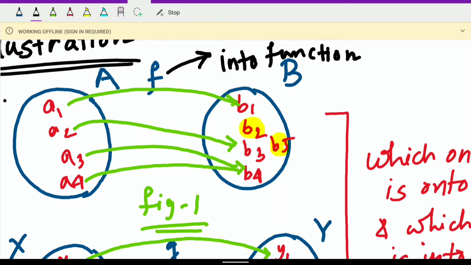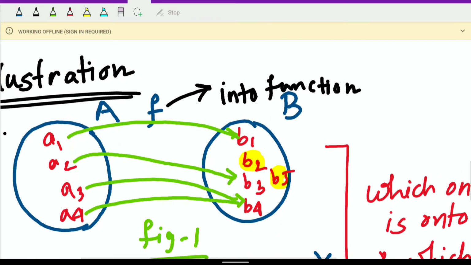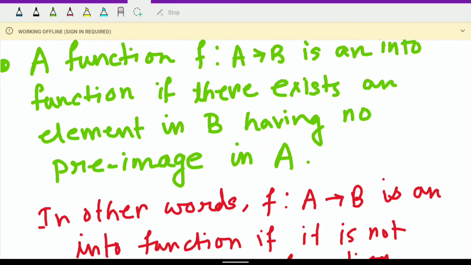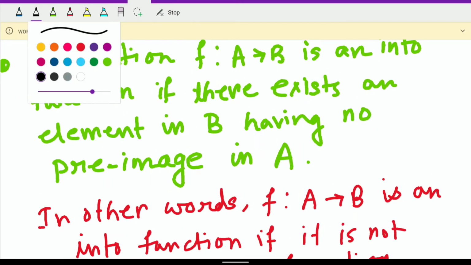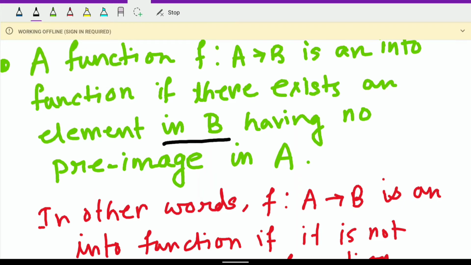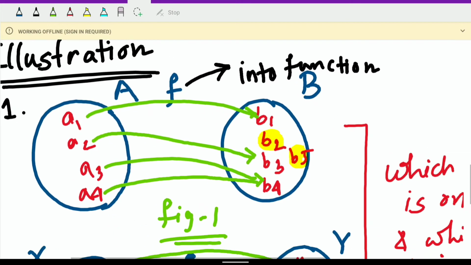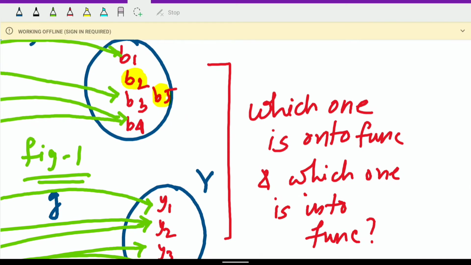Because there exist some elements which do not have pre-images in A, and from the definition we must say that f is into function, because by definition, a function f that maps A to B is an into function if there exists an element in B having no pre-image in A. So it's clear that f is into function. So which one is into function? Our answer is f.